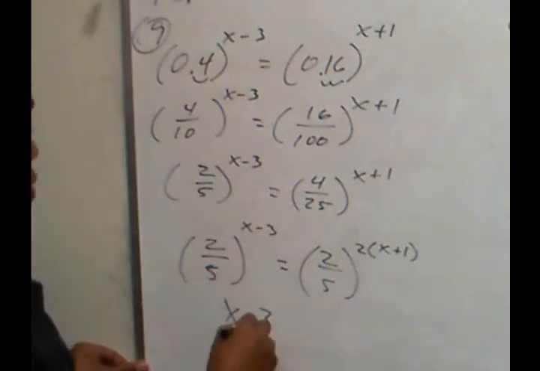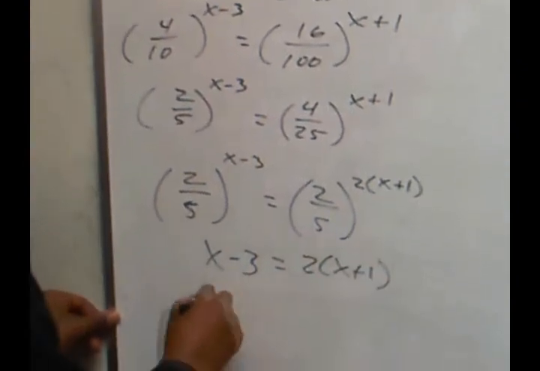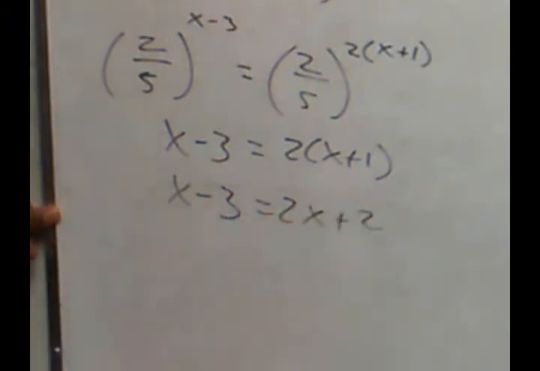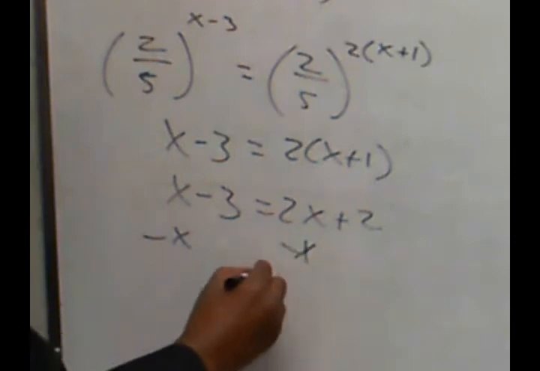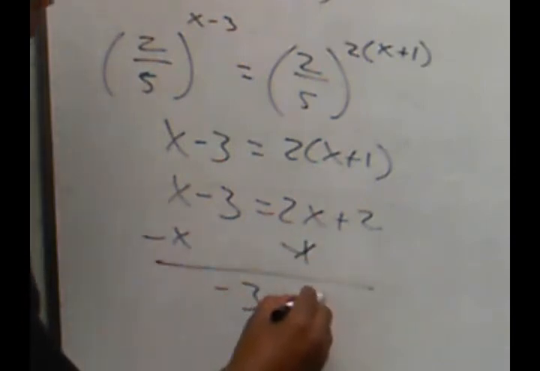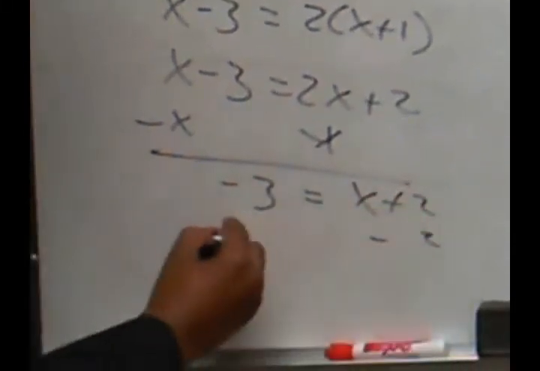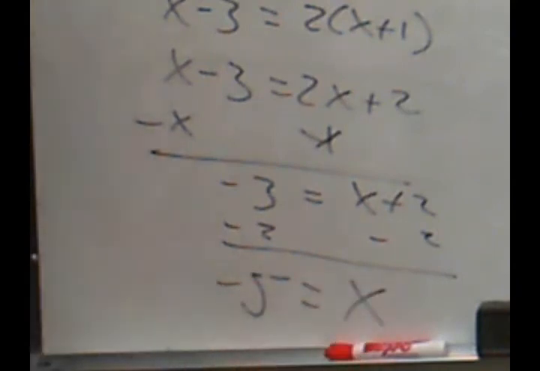So we have x minus 3 set equal to 2 times x plus 1. X minus 3 equals 2x plus 2. And then I subtract x from both sides. I get negative 3 equals x plus 2. I subtract 2 from both sides, and we end up with x equals negative 5.